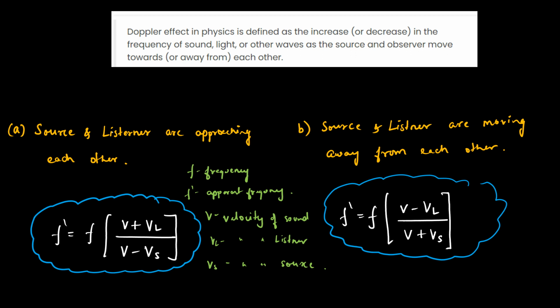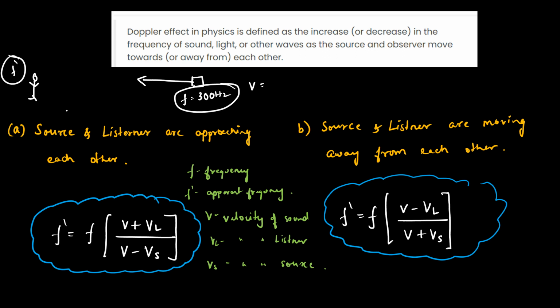For example, if the source is coming towards me, right? So let us solve a problem over here. For example, I am here, and there is a train coming, and say this has a frequency of 300 hertz, and it has some velocity as well. Now what is the frequency that I will hear?